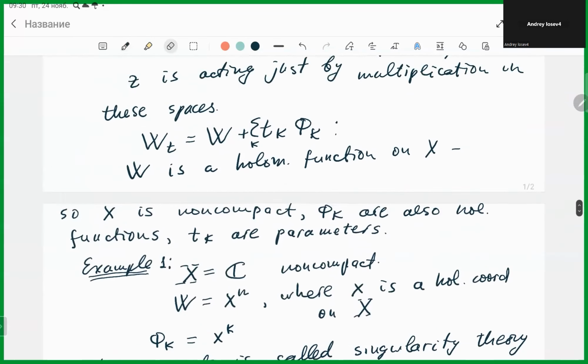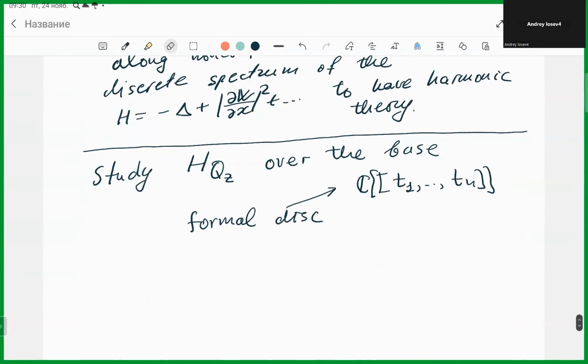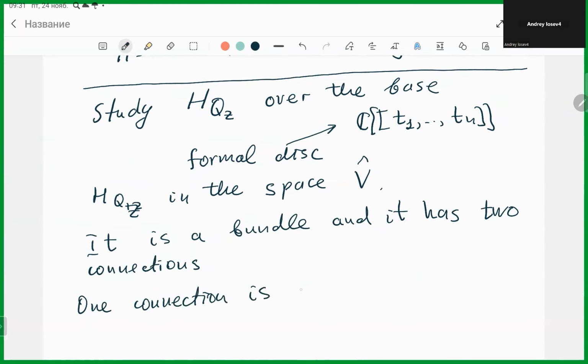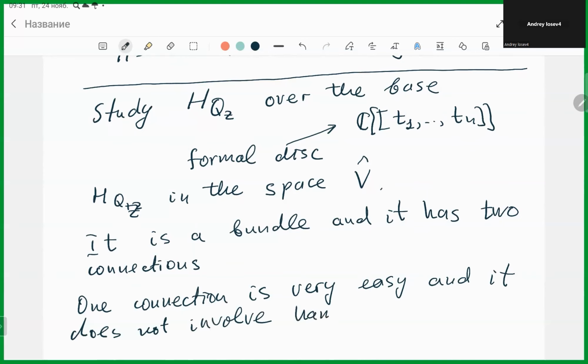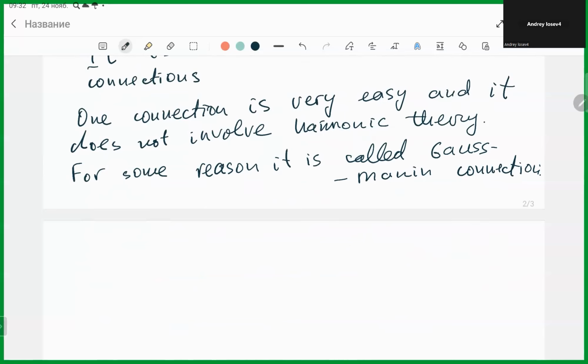I would like to study H of Z in the space we had. It is a bundle and it has two connections. One connection is very easy and it does not involve harmonic theory. For some reason, it is called the Gauss-Manin connection.